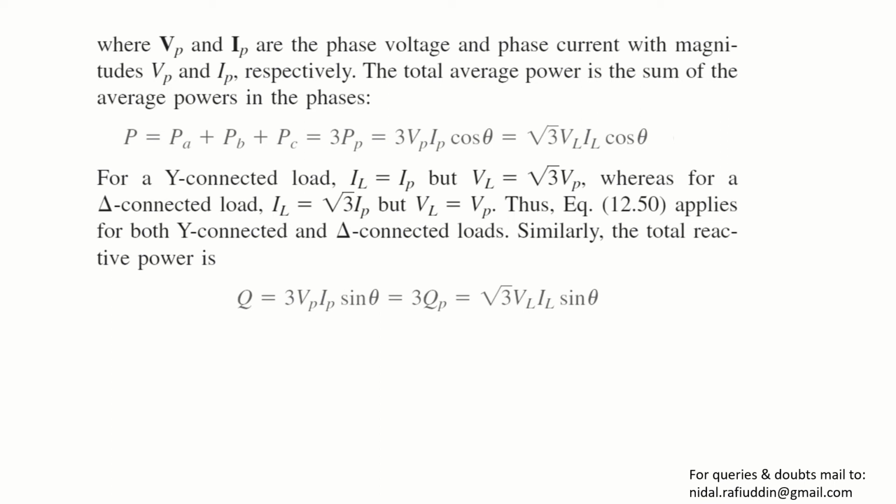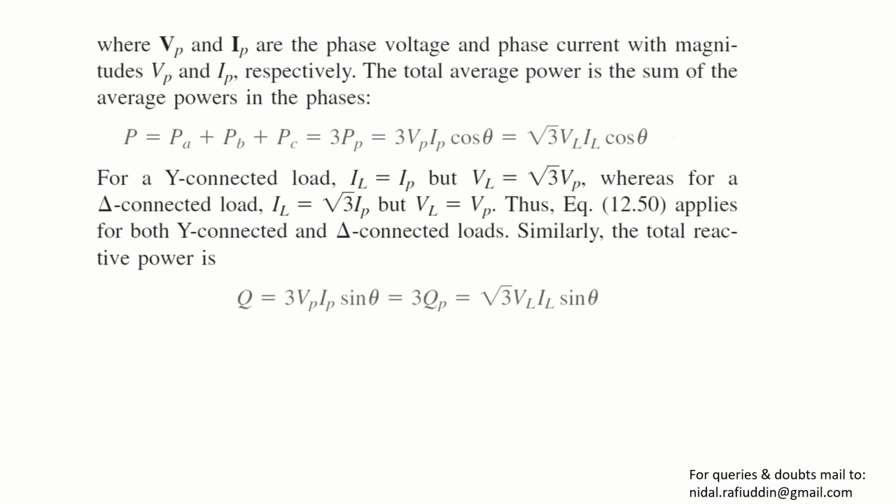So we substitute in place of Vp as VL by root 3, while the phase current in a star connected system is equal to the line current. We saw that line current and phase current in star were equal, so in place of Ip we can write IL. The expression we get for average power in a star connected system is root 3 VL IL cos theta. This is the expression in terms of line quantities.